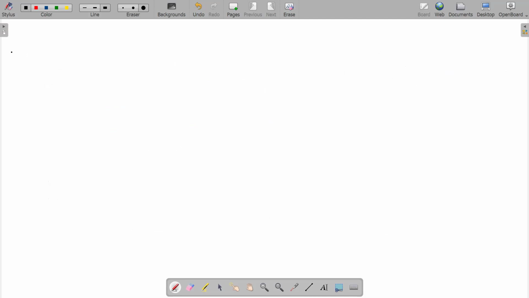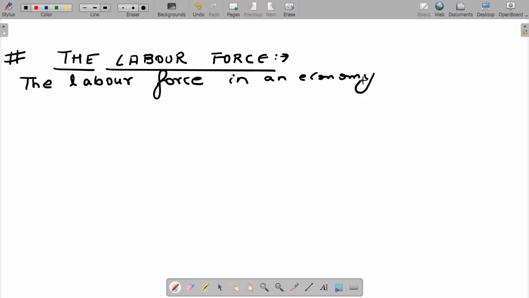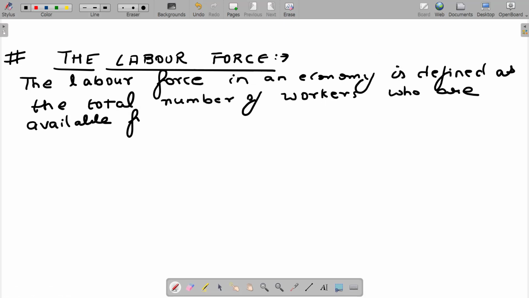Students can now write: the labor force in an economy is defined as the total number of workers who are available for work.